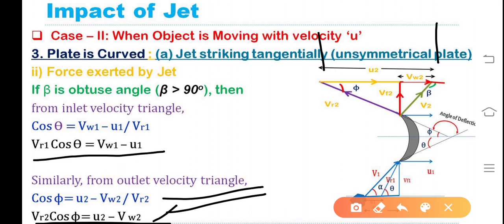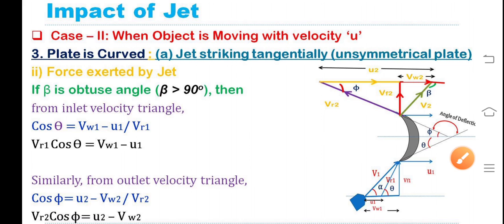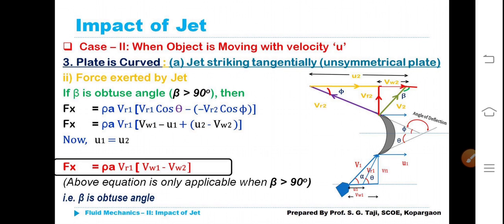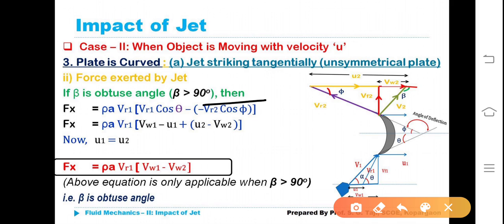Clear? If you start writing on paper after the class is over, in 10 minutes you can learn this. Just geometry of the figure which you have done in 11th standard. Once the concept is clear and once you are able to write the velocity triangle properly as per the requirement that beta should be greater than 90 degree, then no problem at all. Therefore, Fx is equal to rho A Vr1 whole multiplied by Vr1 cos theta minus of minus Vr2 cos phi.